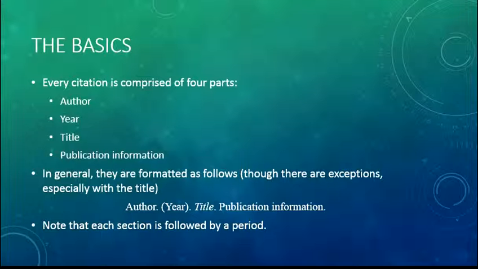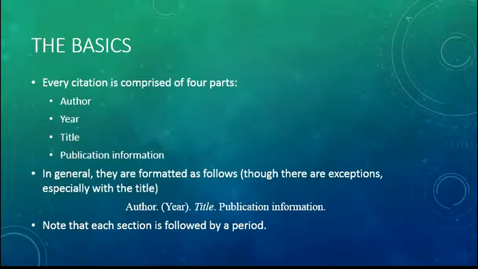the publication information. And the way that that publication information is formatted will probably vary more than the other 3 sections, just because depending on what type of source it is, will tell you how things will be organized or italicized or what information will be included.